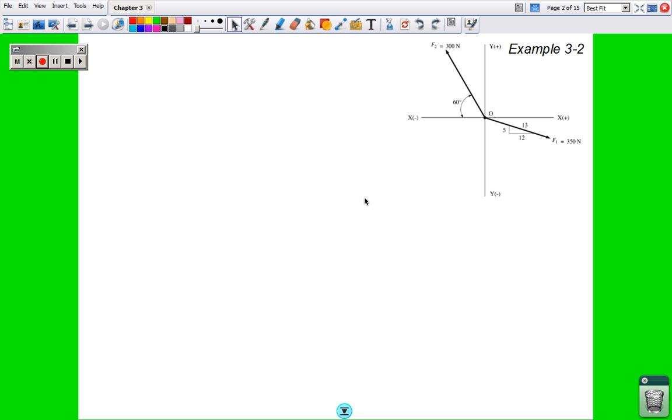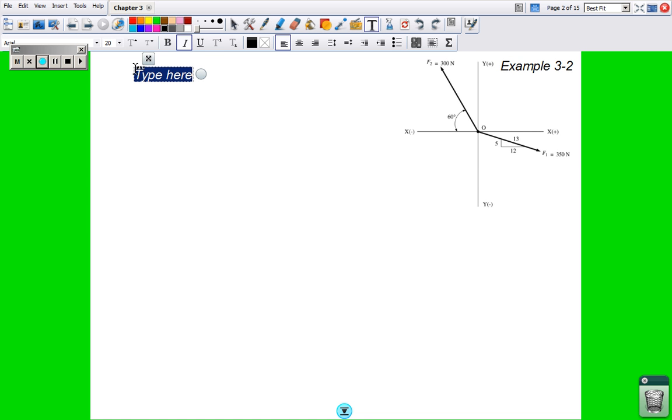Okay, so here's our first example. We have two forces, F1, 350 newtons, F2, 300 newtons, and first thing I need to do is break them into their components. So let's try to do this.